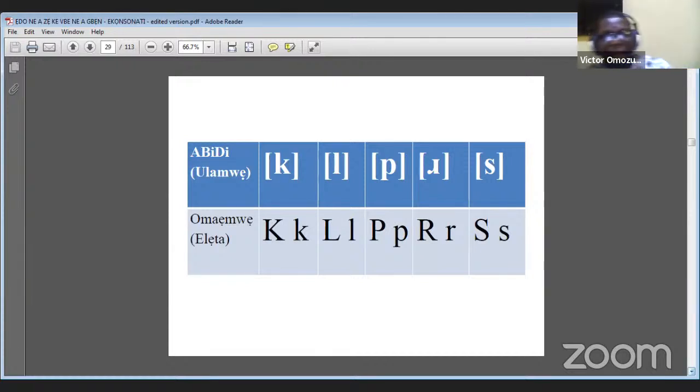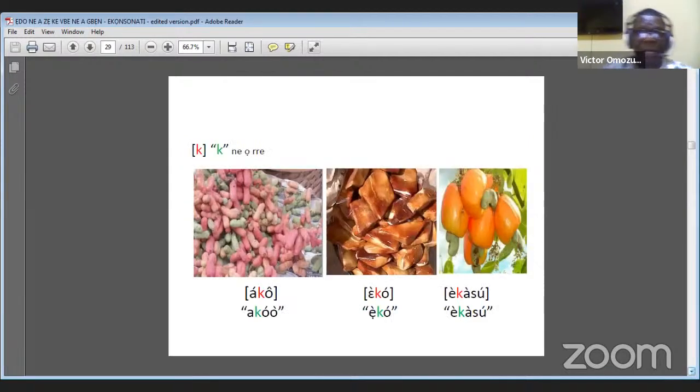Then now we shall go to key, li, p, ri, kere, si. I mean, the last syllable there, the vowel there is co-articulated with the falling tone.